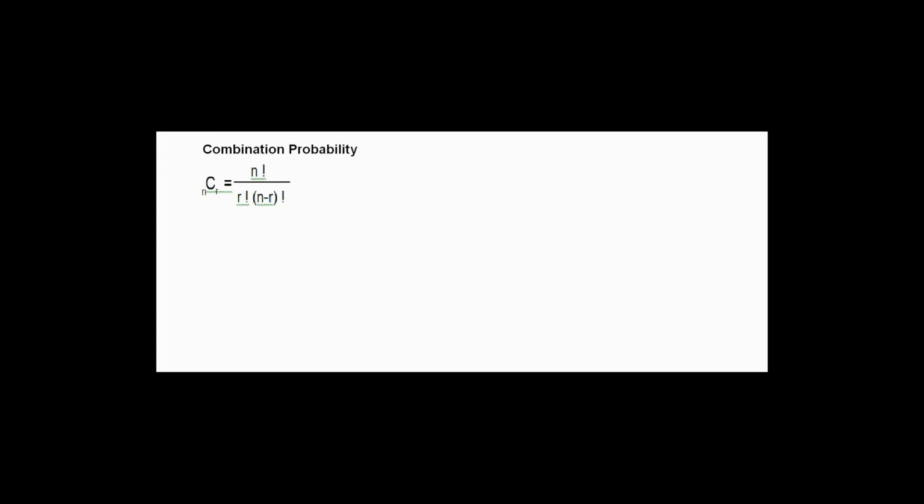And now we will be discussing the combination probability. Combination is the arrangement or grouping of objects without taking into consideration their order. Combination probability is much more complex and complicated because it is a combination of 2 or more factors.